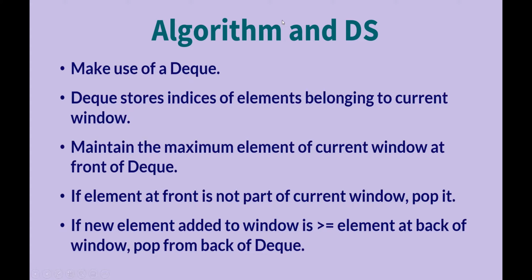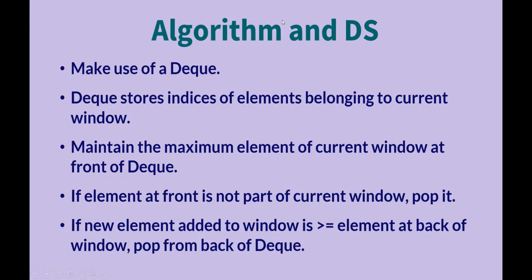So for a window, the maximum element of that window will always be at the front. We can access the maximum element by looking at the front element in the deque. And if the element at the front is not a part of the current window, we pop it out because we can no longer use that element in our further sliding windows.